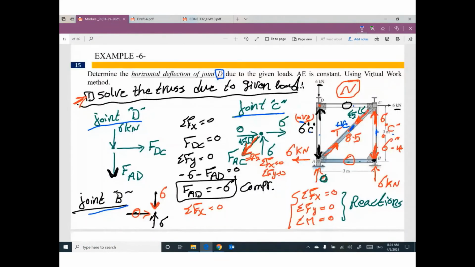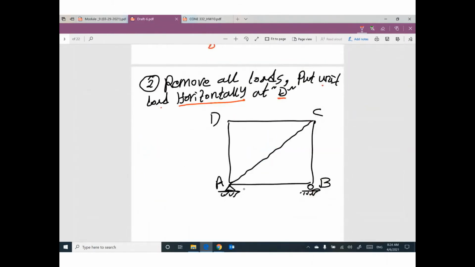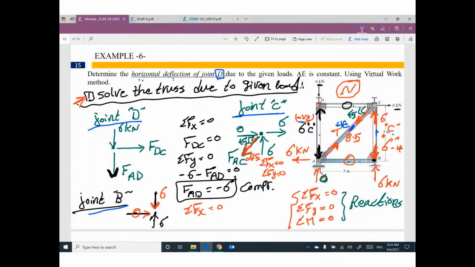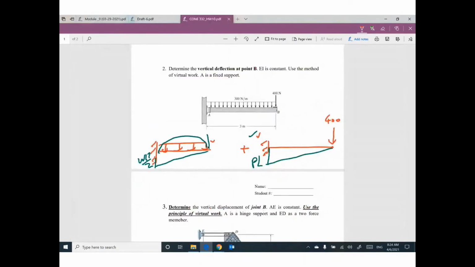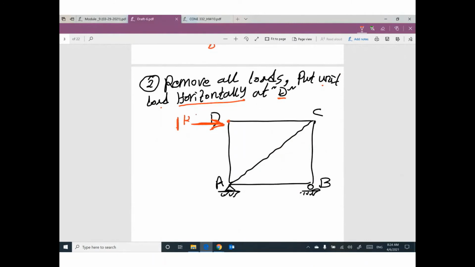Because I'm looking for horizontal deflection. So at point D, I will put unit load, how much? 1. What is the unit? Kilonewton. Horizontally at point D.